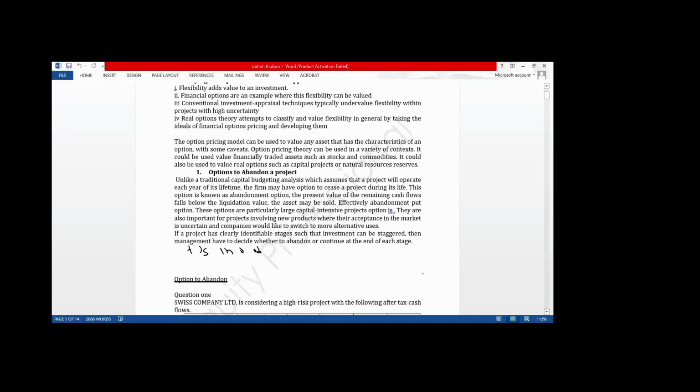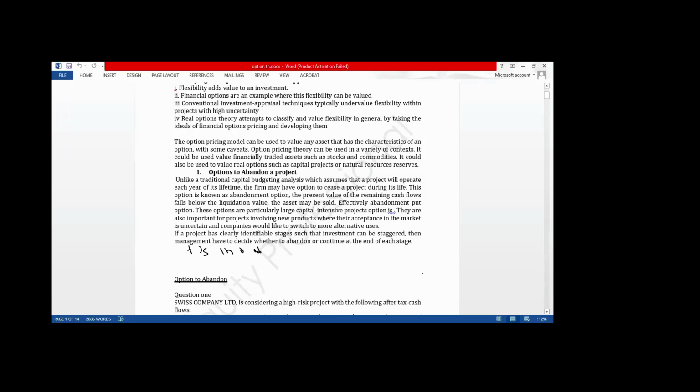And please note, option to abandon will be treated as a put option. That is the right to sell the project after some years. The right to sell. That is a put option.